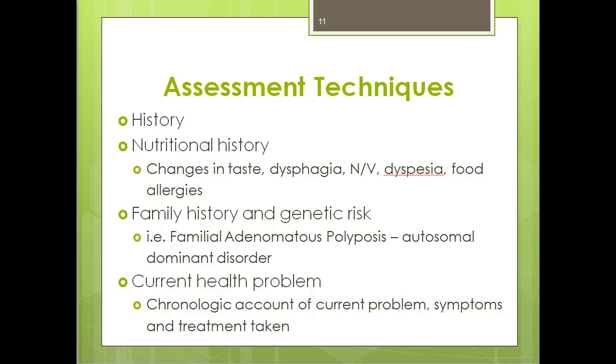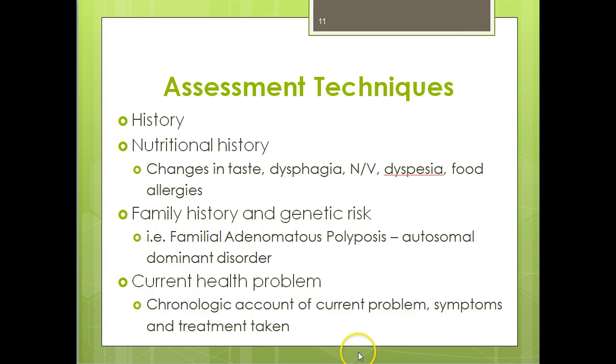Colon cancer is the most treatable type of cancer. So if you're doing a history and you learn this, then you know that's something you're going to look at, and you'll do a colonoscopy on the person.